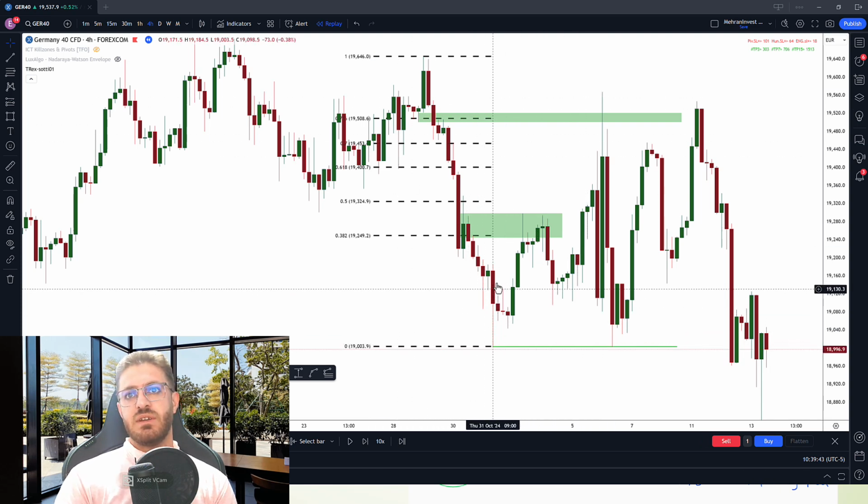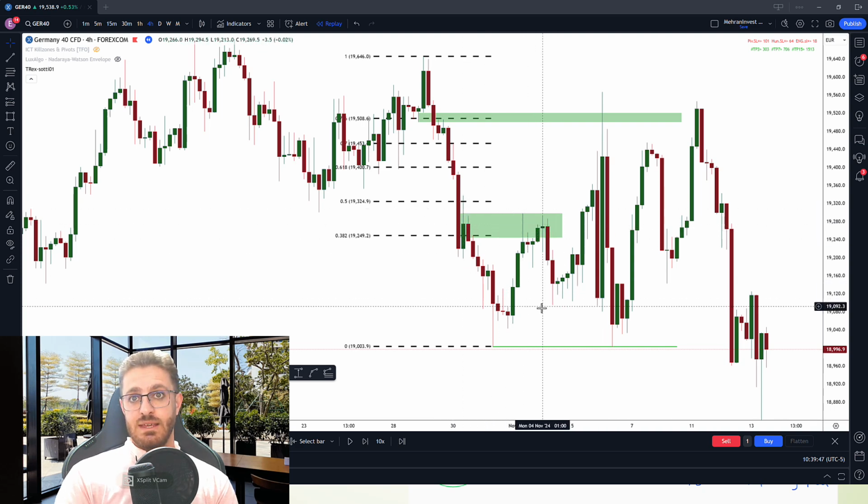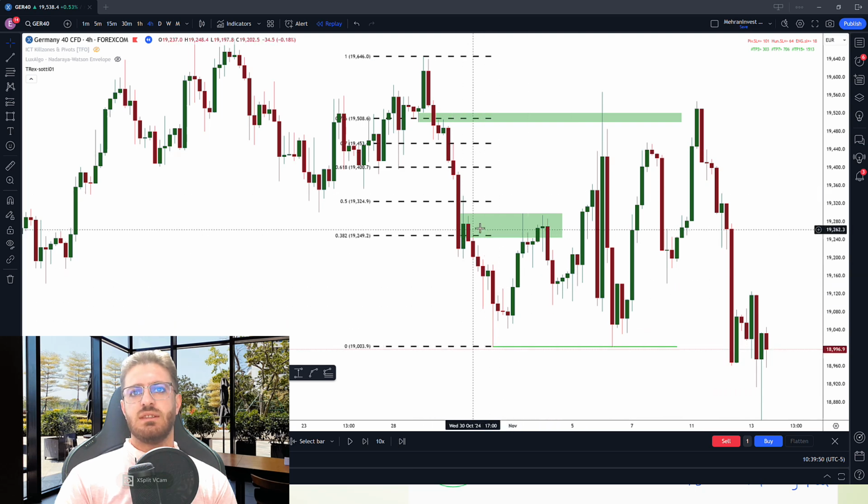You can see that it first came up and reacted to this 38%. It came down, liquidated the 38% and reacted to 78% of that spike, and then it came down. This low is 19,003 and a half. This low is 19,003.